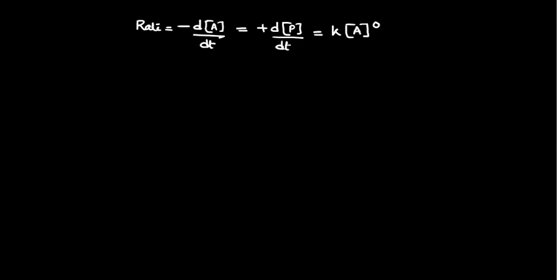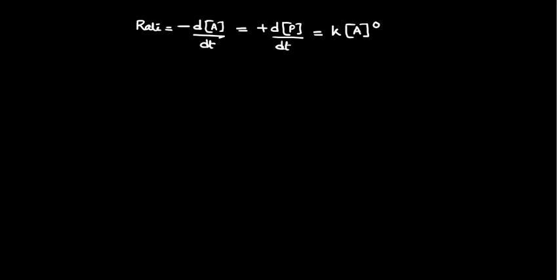Rate is equal to, one form is minus dA by dt, since A is the reactant, which is also equal to plus dP by dt. And as we have seen, this is equal to k A to the power 0, since it's a zero order reaction.